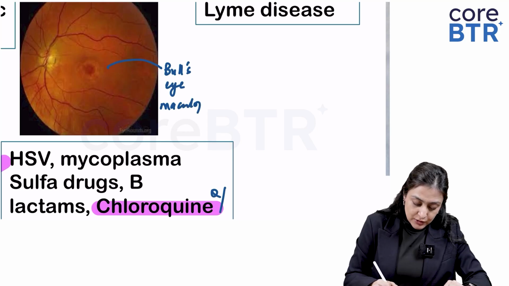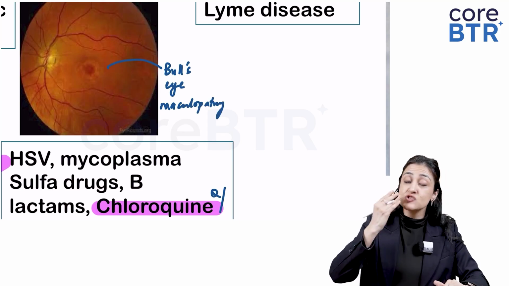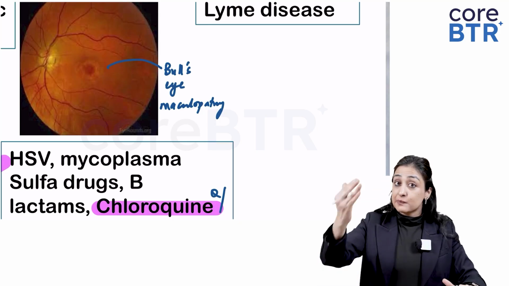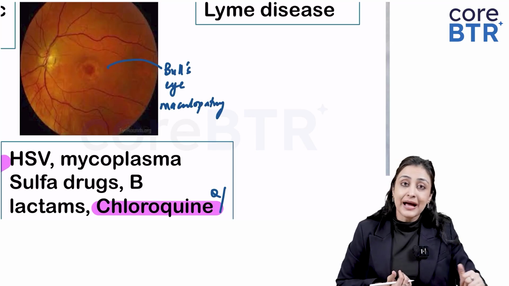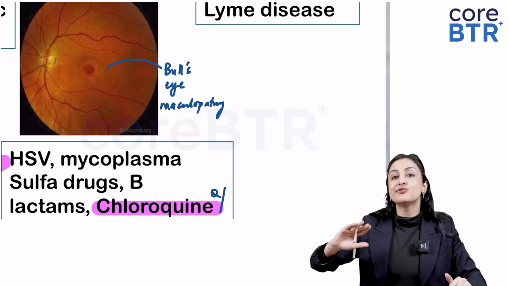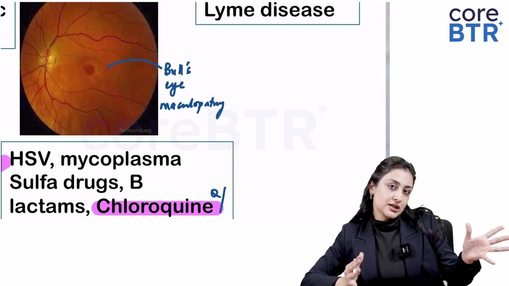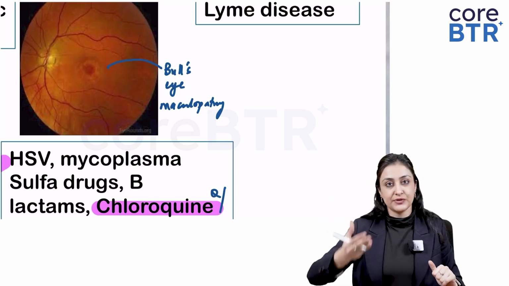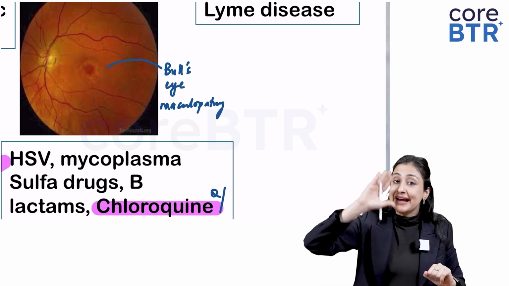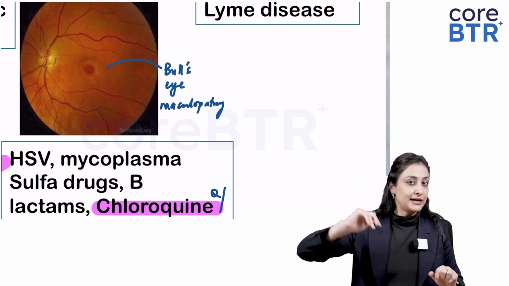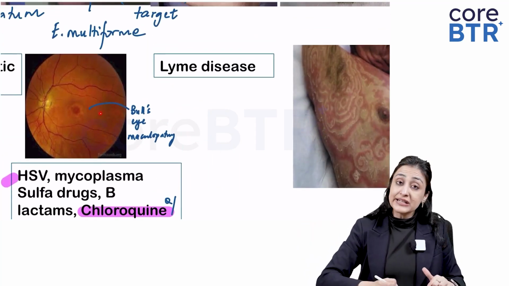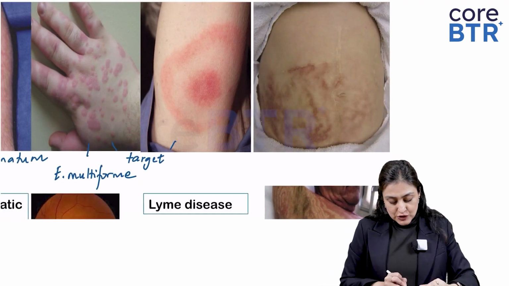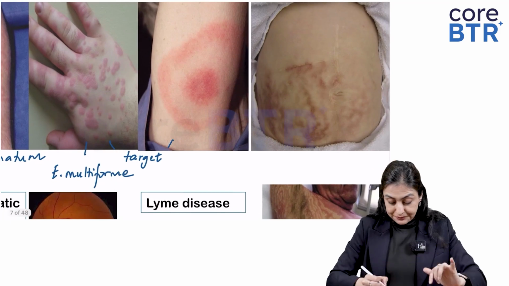In fact, chloroquine produces eye changes in every layer. It produces cornea verticillata. It produces anterior subcapsular cataract and it goes into fundus and does bullseye. So that's another ophthal correlation that every layer chloroquine does something. Cornea verticillata, anterior subcapsular cataract and bullseye. So bullseye has two integrations. One is multiforme, one is bullseye, right? So this is erythema multiforme.